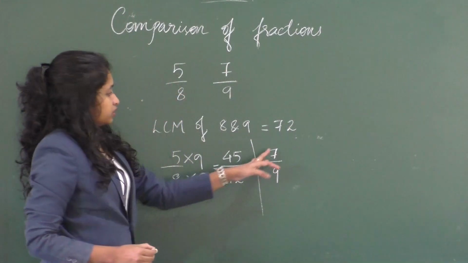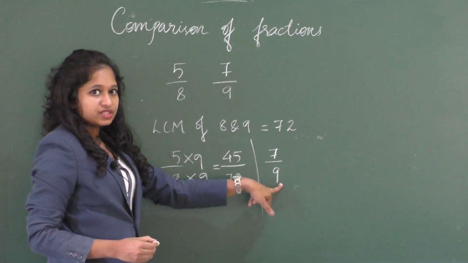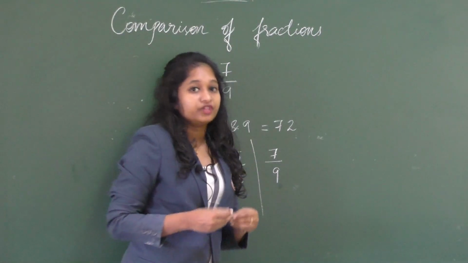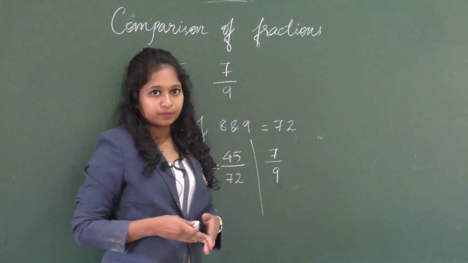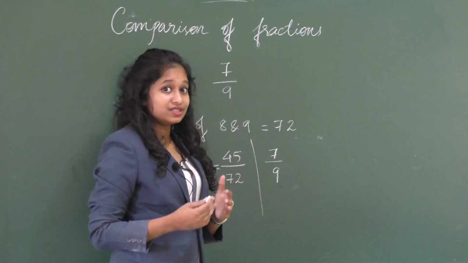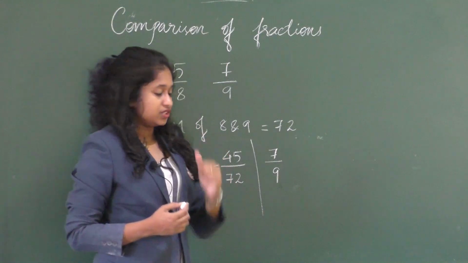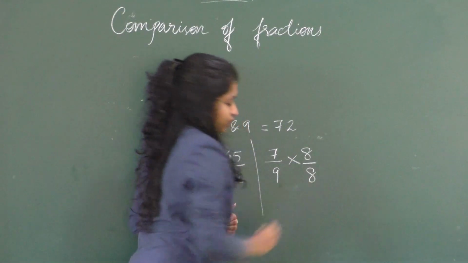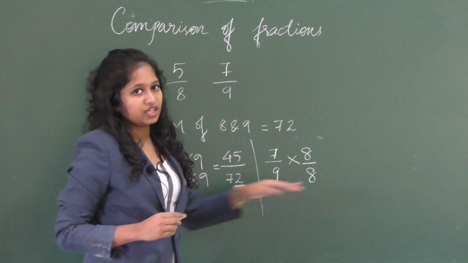Now, the other fraction is 7 by 9. We have to multiply 9 by a number so that you will get 72. What is that number? It is 8. So, multiply and divide by the same number.